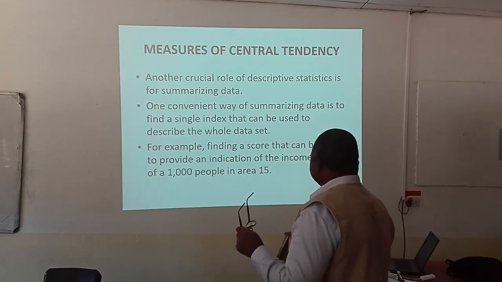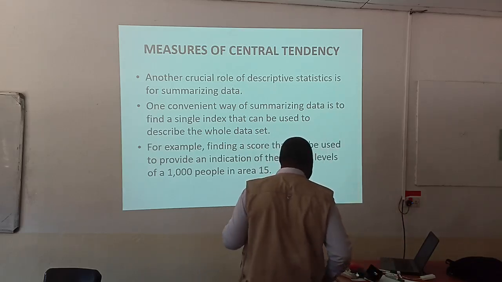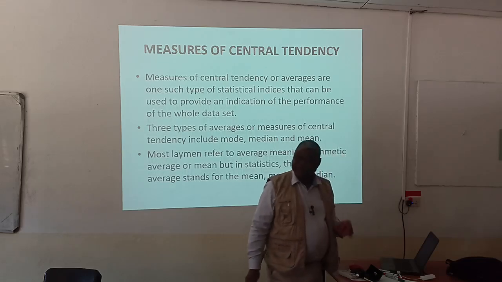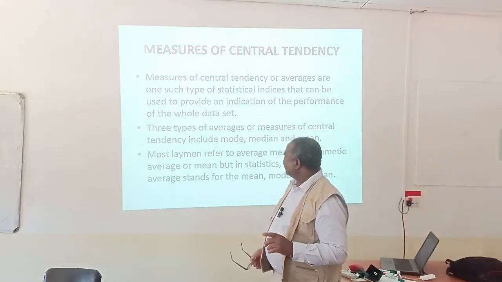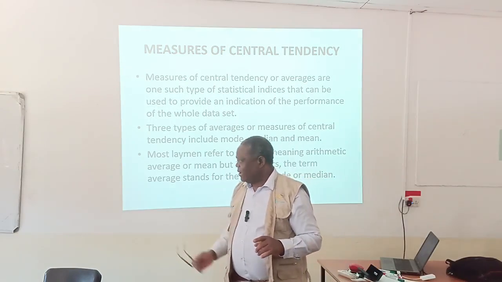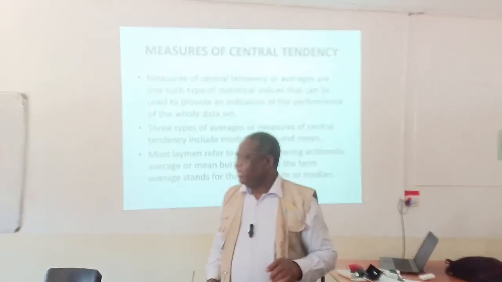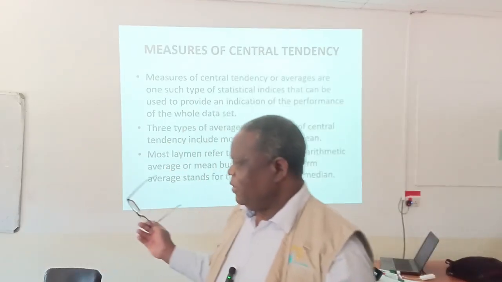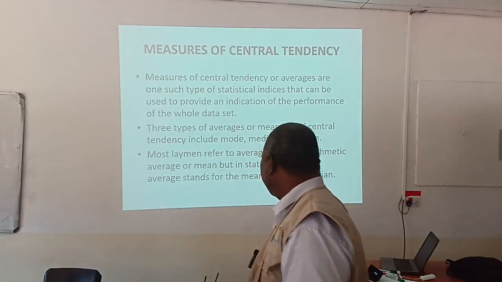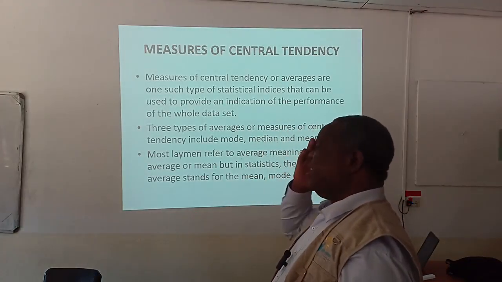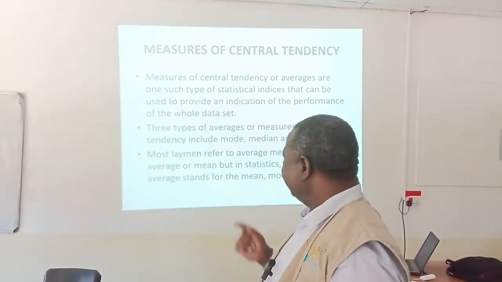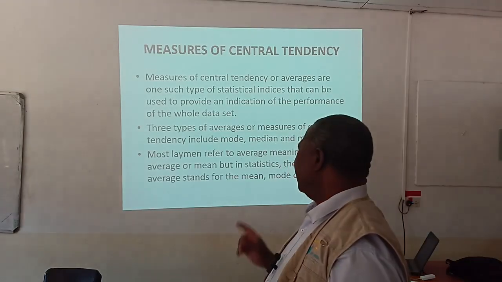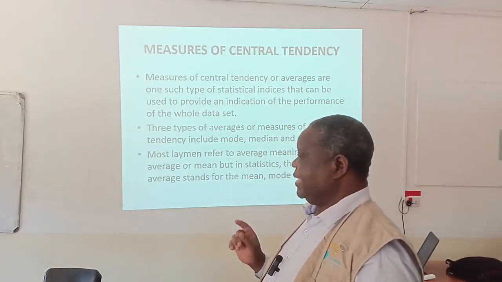And one of those indices which you can use is the measure of central tendency, which I think last time I started talking about them, that there are several measures of central tendency. We looked at a mean as one. We talked about a mode as another, and we talked about a median as another.